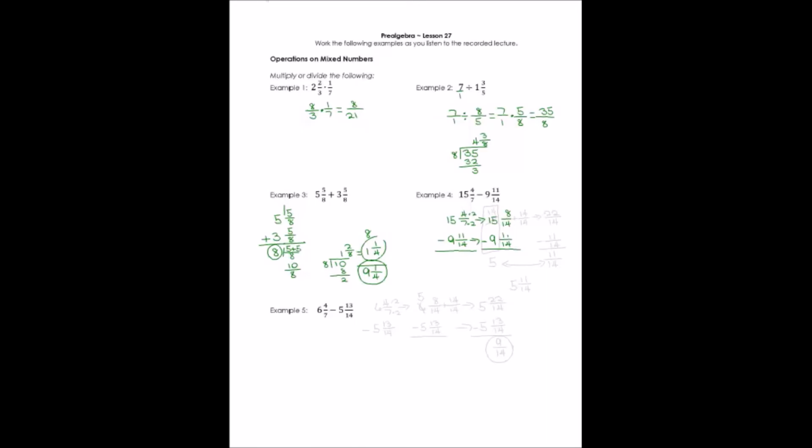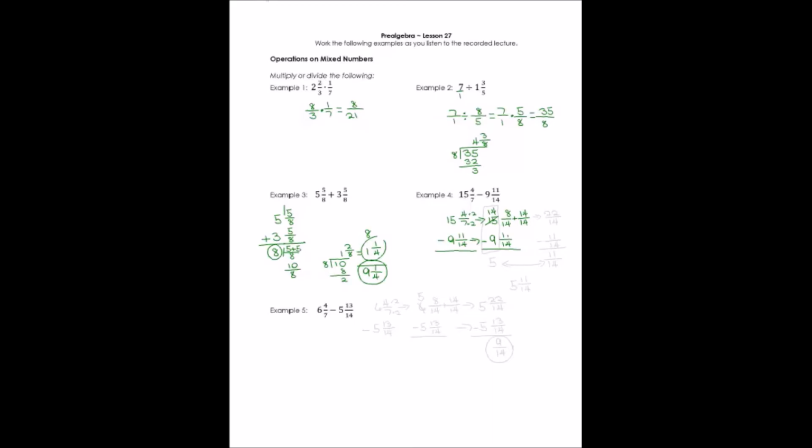I'm going to have to borrow. So I have this whole number 15. I'll borrow a whole number 1. Now a 1 written as a fraction is really 14 fourteenths. Now I need fourteenths because that's what I'm dealing with. That's my denominator. How many fourteenths does this give me?